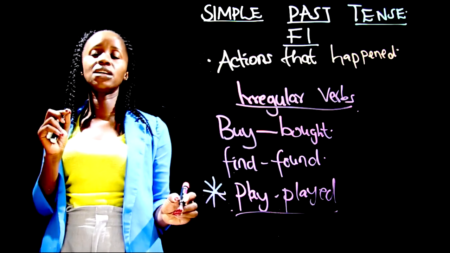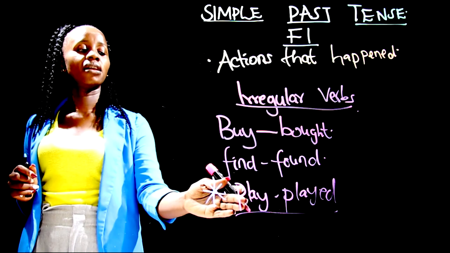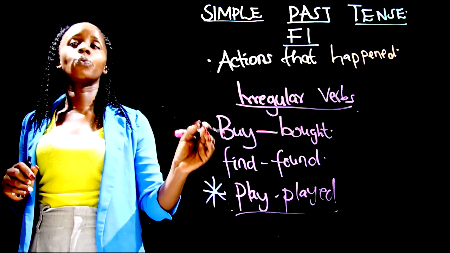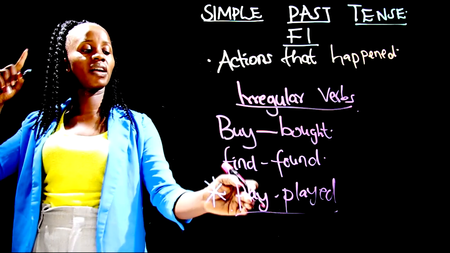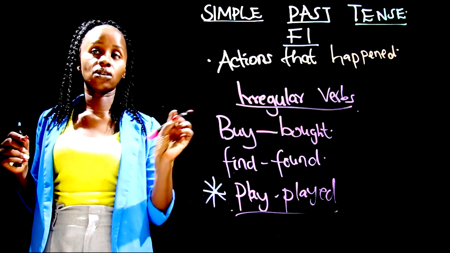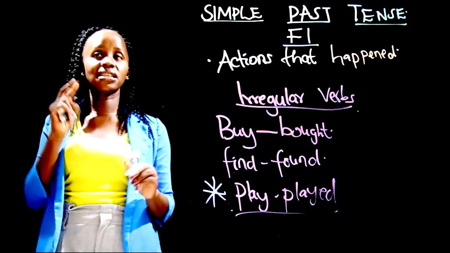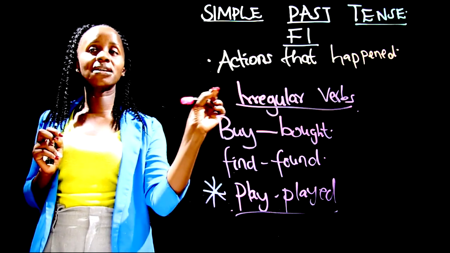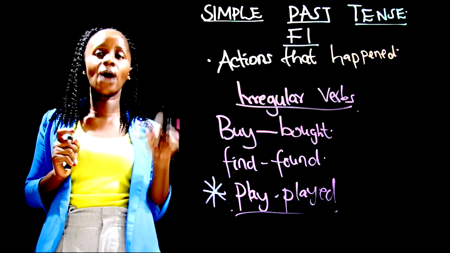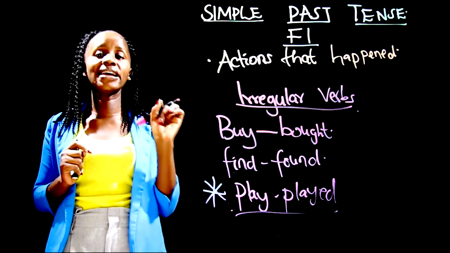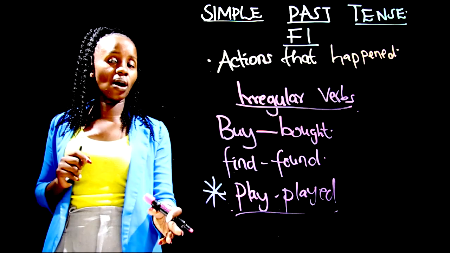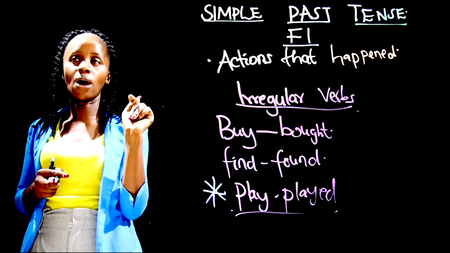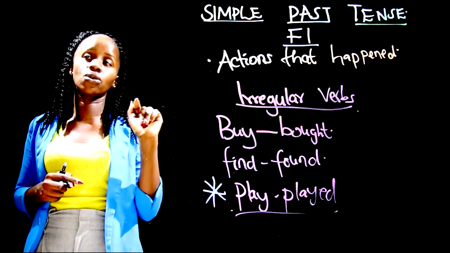You remember the first rule that we had given you? If a vowel comes before a consonant, we double the consonant, then we add ed. Then the second rule was, if a verb ends with Y, you delete the Y, then you replace it with ied. But this one is an exception because, as you can see, it is cutting across rule 1 and also rule 2.